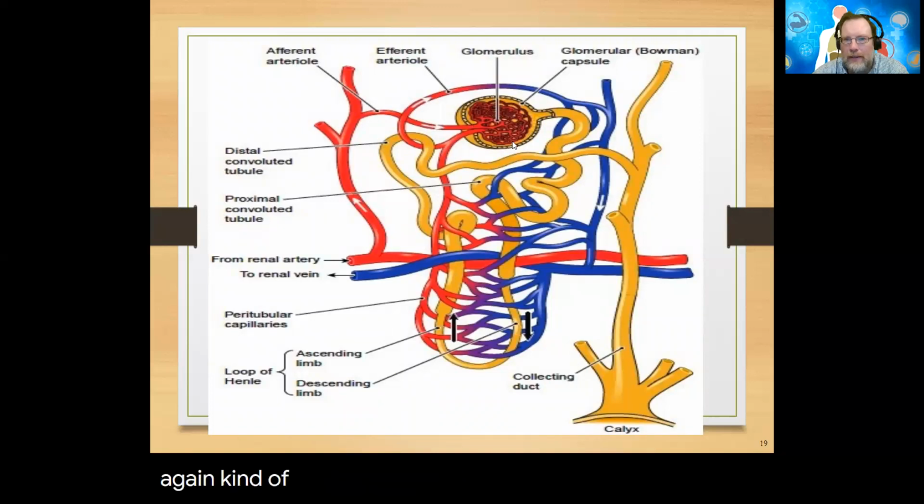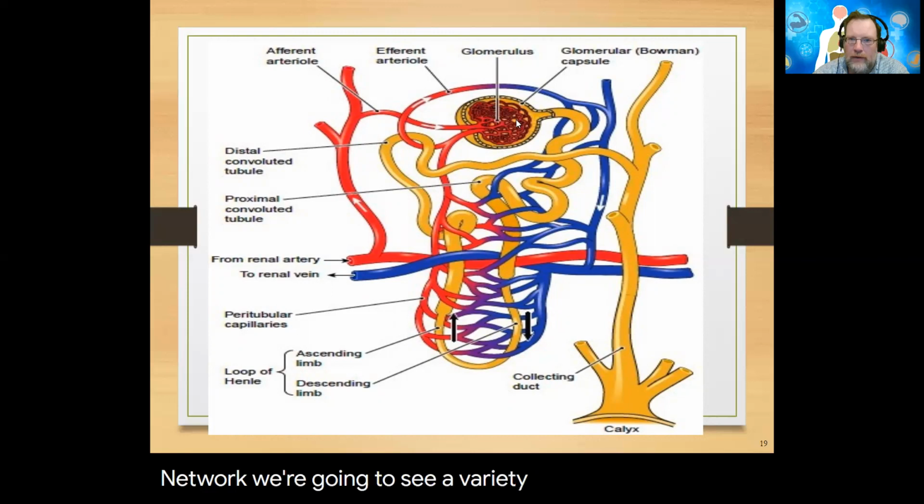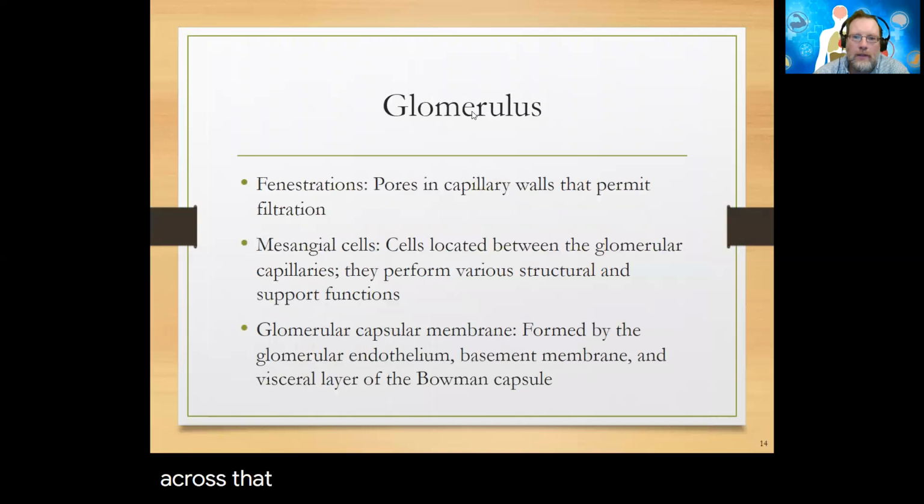Again, kind of the peel or the shell protecting and around that glomerulus. So as blood travels into that capillary network, we're going to see a variety of items passing across that glomerular capsular membrane. So anyhow, we'll look at that more closely as we go.